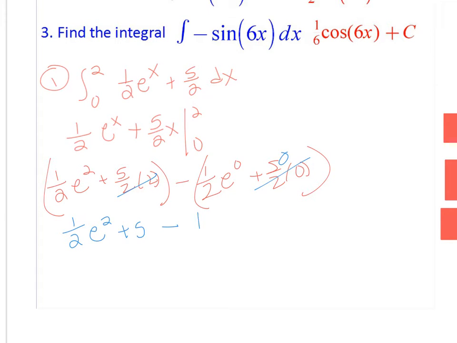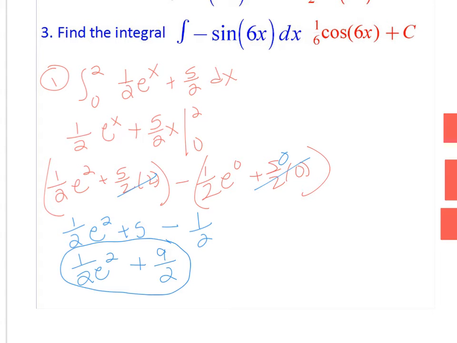E to the 0 is 1, so that's just minus 1/2. So the only pieces then that I can simplify is the 5 minus 1/2. And that is 9 over 2. So this is our final exact answer.